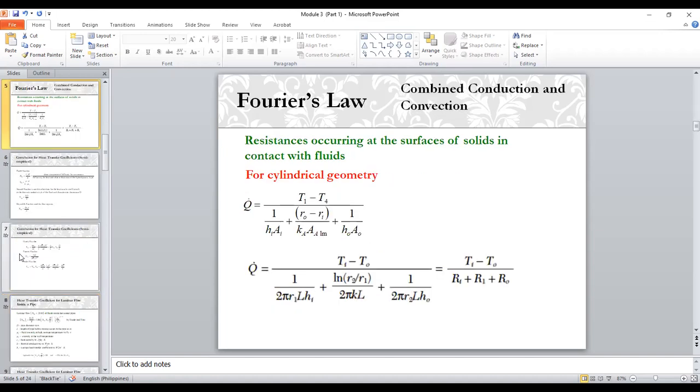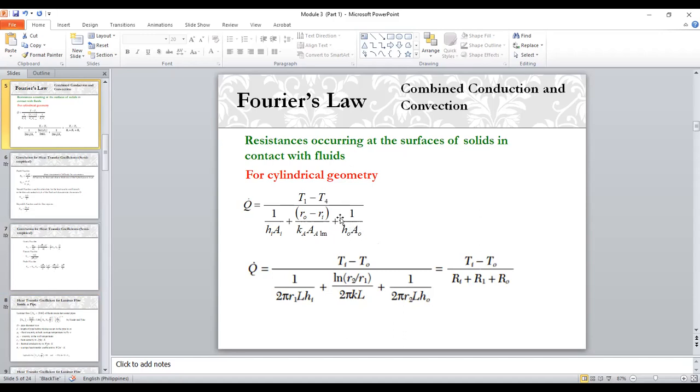Now, if we have a cylindrical surface in which there's a fluid flowing inside and outside of that particular surface, then our Q, the heat transfer rate, is given by this particular formula. So notice that you have outer radius and inner radius here, and you have HI, inner heat transfer coefficient, and outer heat transfer coefficient.